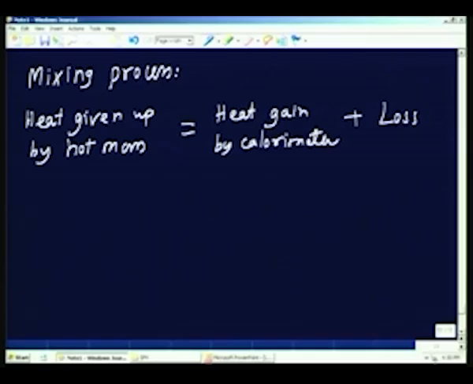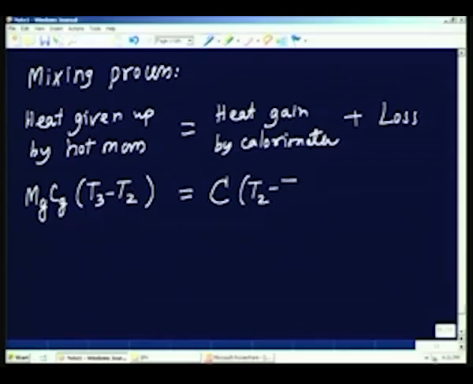So, I can write the heat given up by the hot mass as the mass m_g times specific heat C_g multiplied by T3 minus T2. It has come to the same temperature as that of the calorimeter at the end of the mixing process. The heat gained by the calorimeter is given by the thermal mass of the calorimeter, which I will call capital C, multiplied by T2 minus T1, plus the loss, capital L.